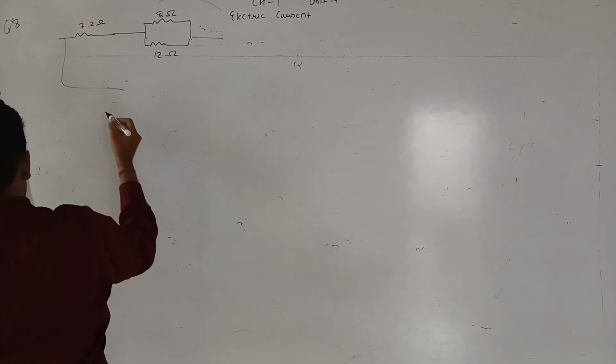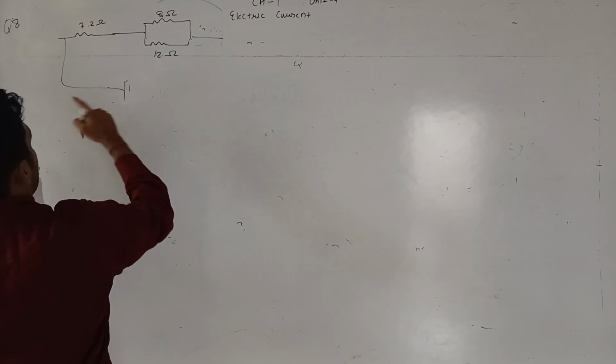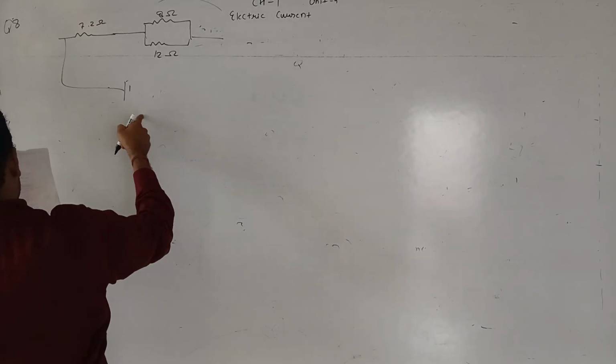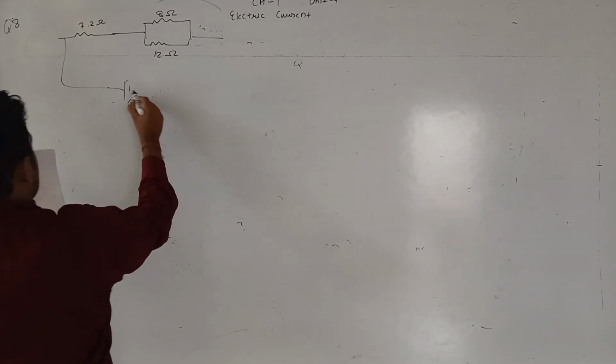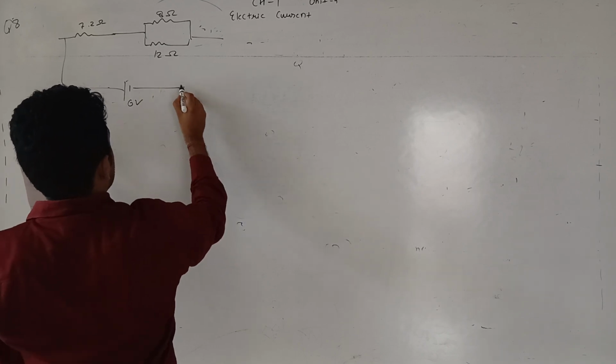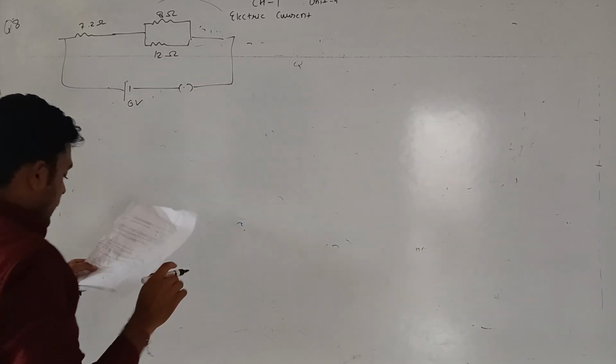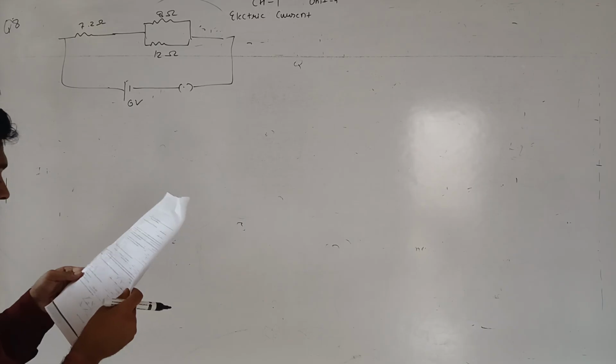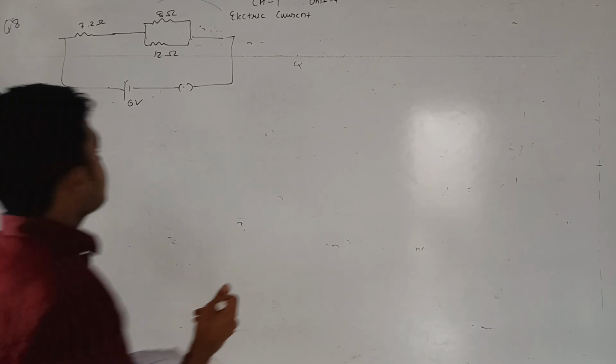These two are in parallel, and these are across a 6-volt battery, and we have a key here. Now we have to find the equivalent resistance of the circuit.